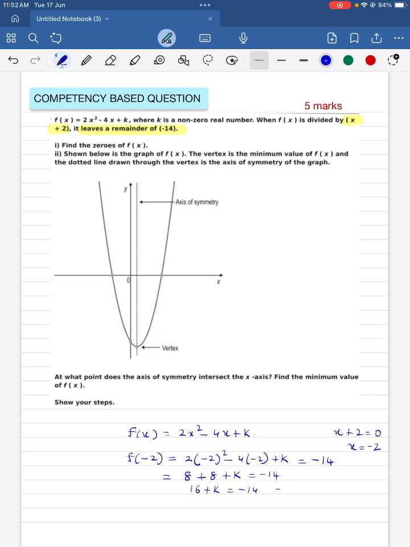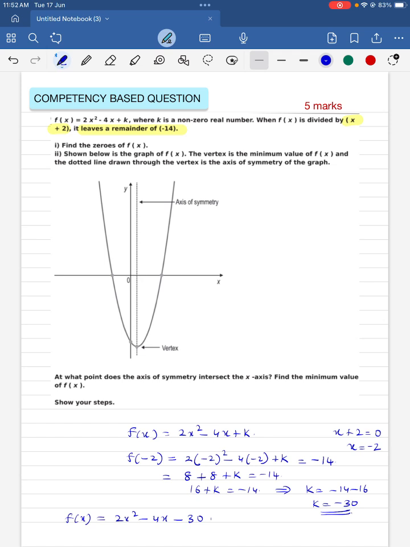Or the value of k now becomes minus 14 minus 16, or k is equal to negative 30. Now we can replace this value k equal to negative 30 in the given polynomial, that is f of x is equal to 2x squared minus 4x plus k. Instead of k, let's replace it with minus 30. So we got the original polynomial.